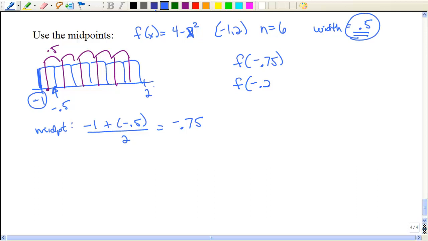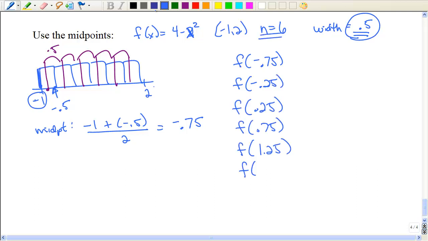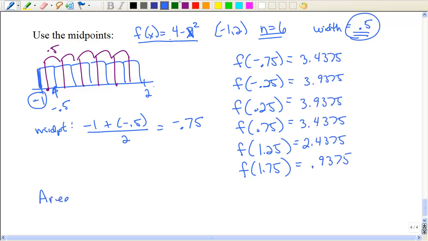So my first endpoint is -0.75. Add the width to it, and you're going to stop at 6 of them, because remember n was 6. And again, you're going to calculate the heights by using this function, 4 minus x squared, and all of those numbers are your x's. So my area again is the width, which is 0.5, times the sum of all those numbers.